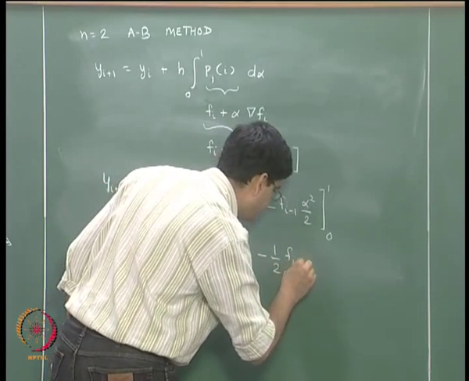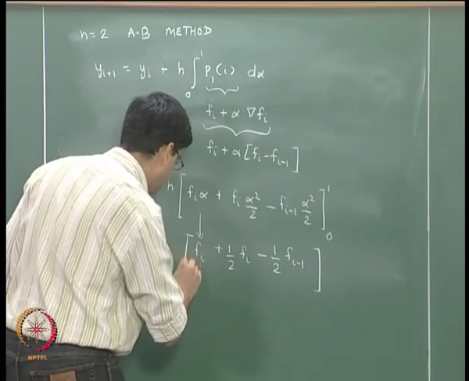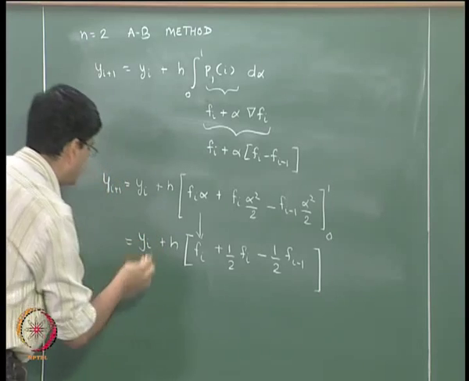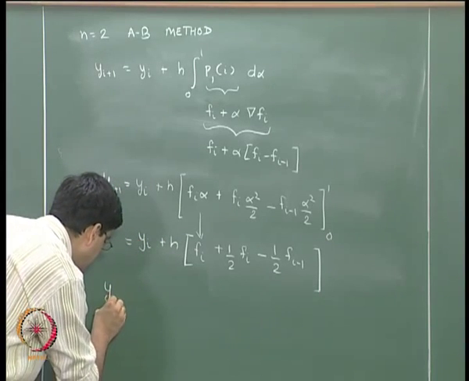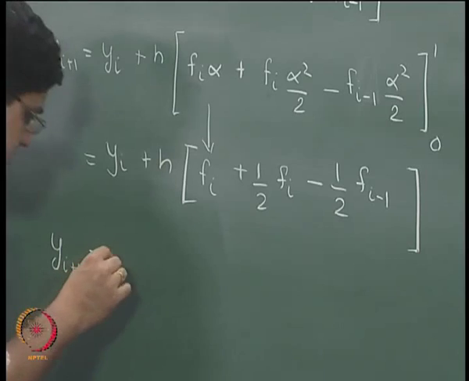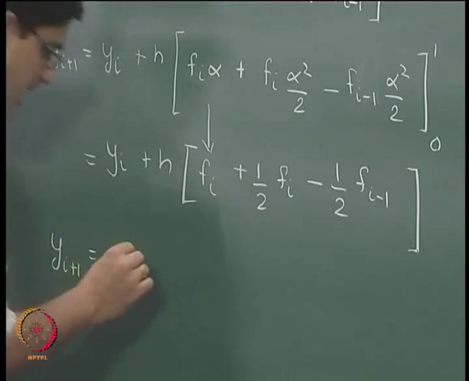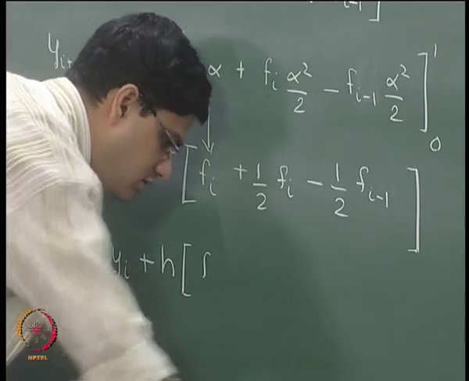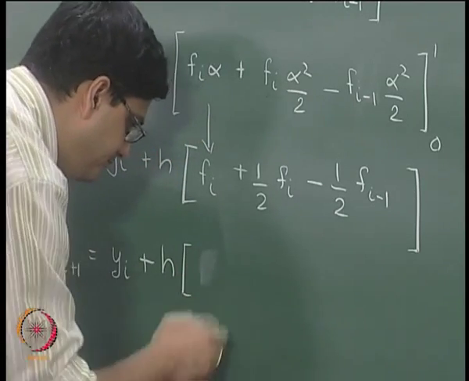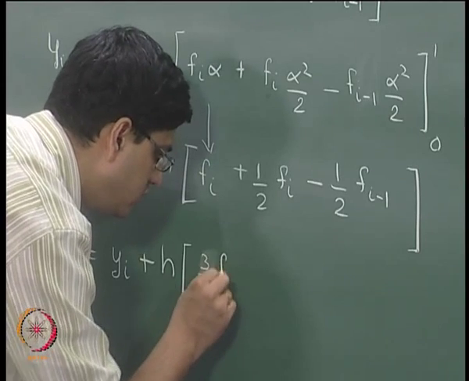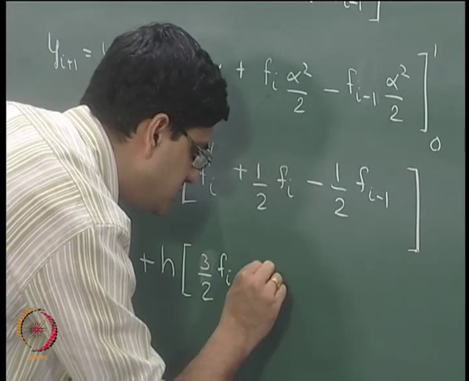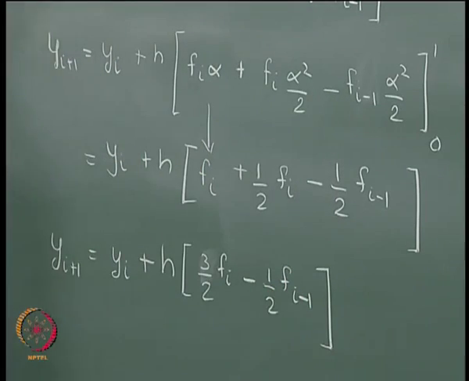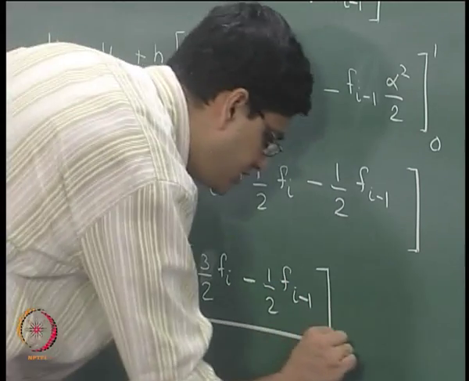So, it is half Fi minus 1, okay, multiplied by h plus yi, and finally our result is going to be yi plus 1 equal to yi plus h times 3 by 2 Fi minus 1 by 2 Fi minus 1.